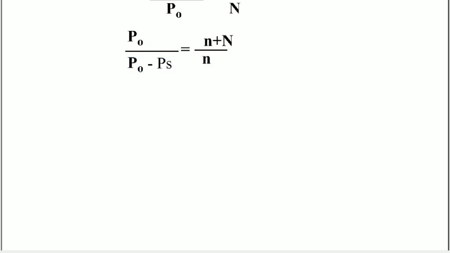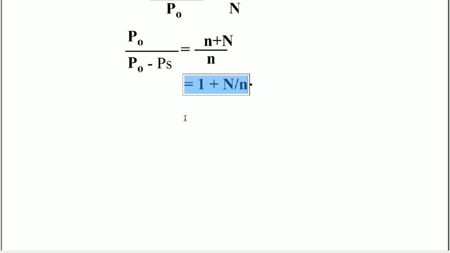If you write Raoult's law like this, on simplification we get 1 plus capital N by small n.